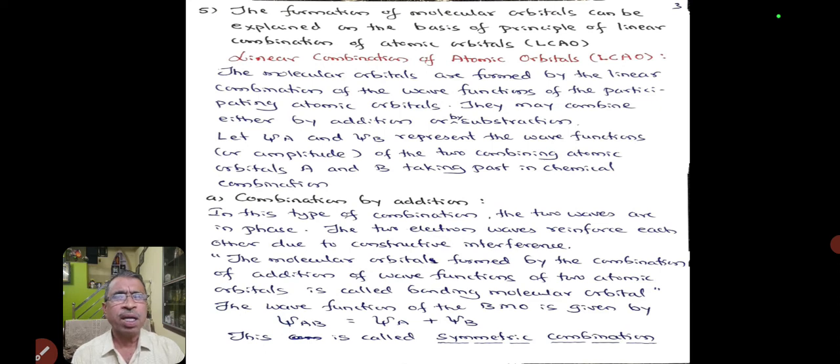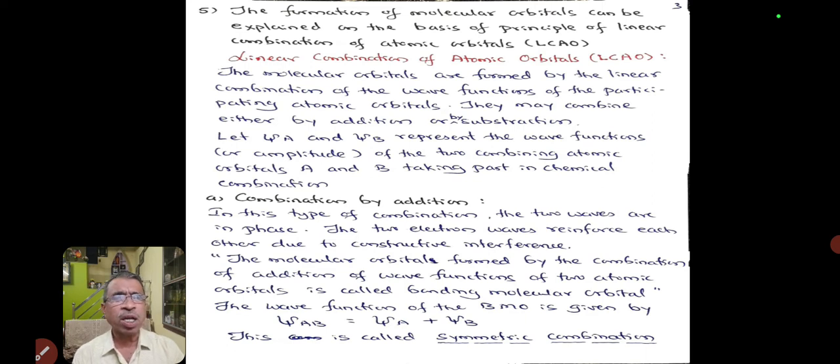They may combine either by addition or by subtraction. Let psi A and psi B represent the wave functions, also called amplitudes, of the two combining atomic orbitals A and B taking part in chemical combination.